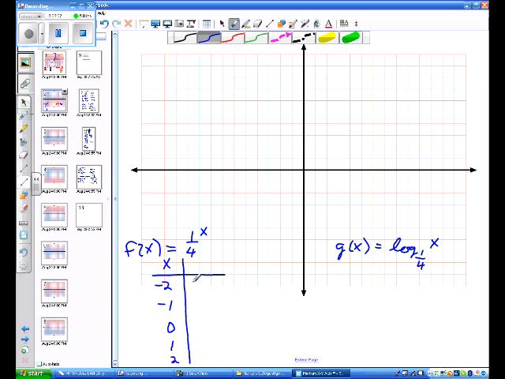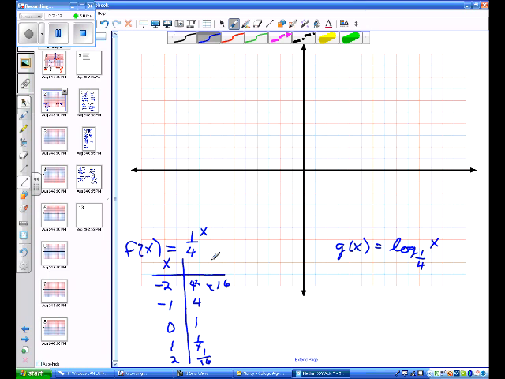Now, if I raise 1/4 to the -2, remember the negative says do the reciprocal, so that's the same as 4 squared or 16. 1/4 to the -1 is the reciprocal, which is 4. 1/4 to the 0 power is 1. Then we have 1/4, and then 1 over 16.